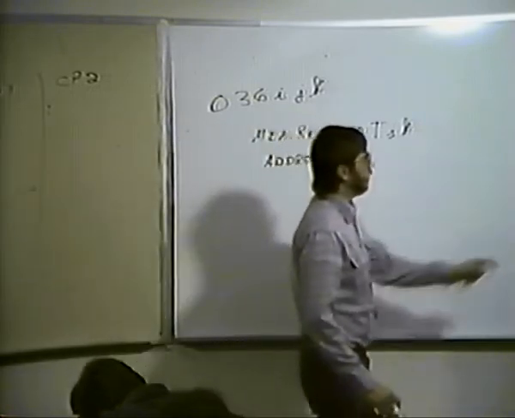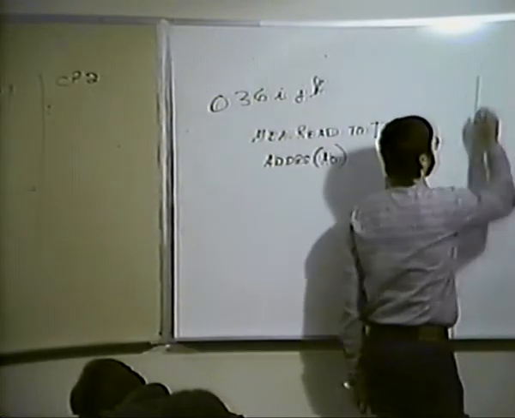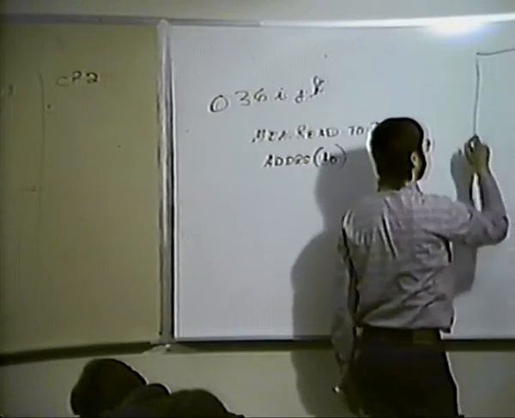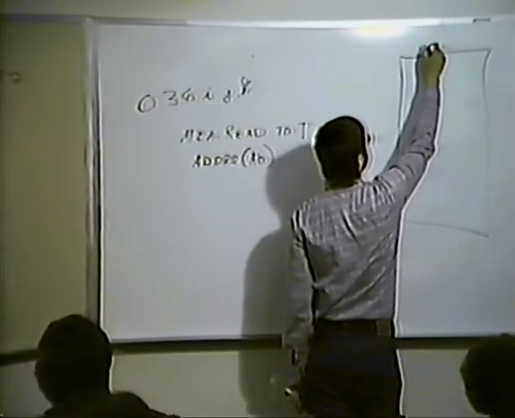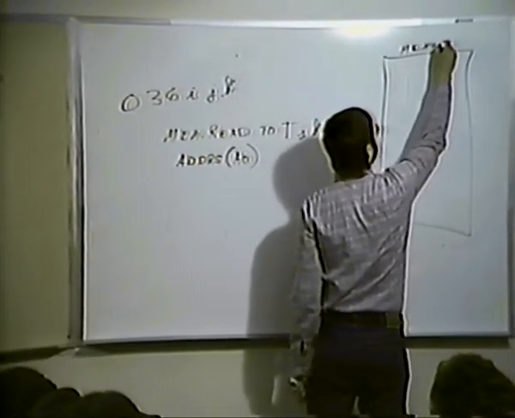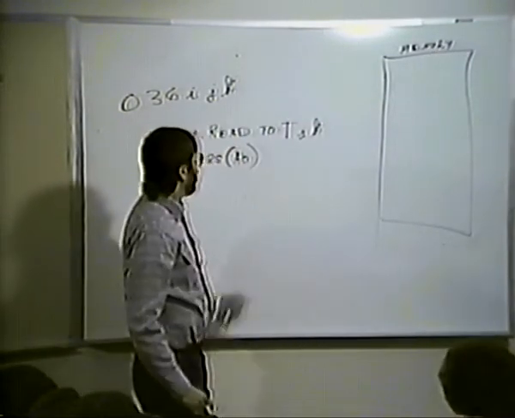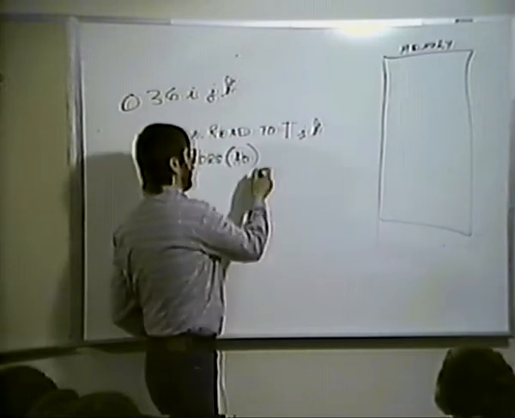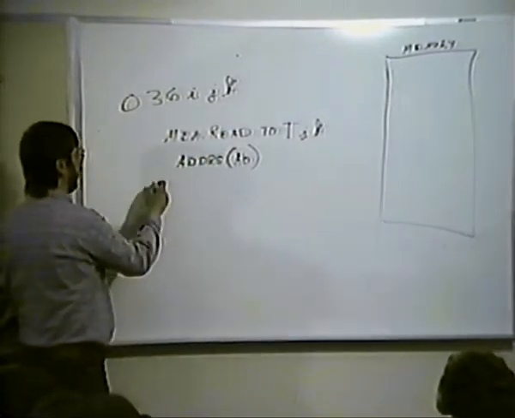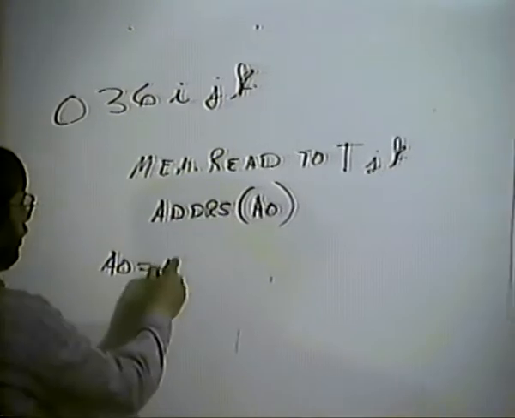All right, so that means I've got to draw a picture of memory here, just a big empty spot to store stuff, right? That's all memory is. So we've got to have an address here. Let's set, for this particular instruction, A0 equal to 100.